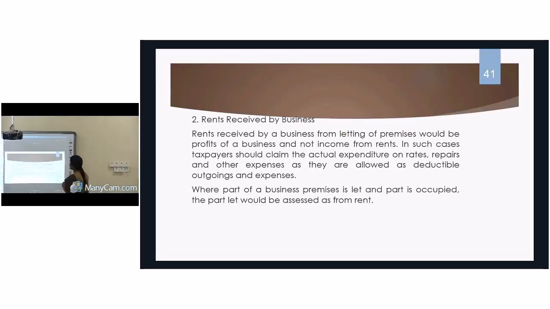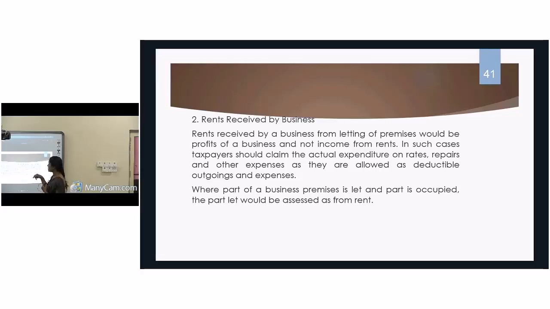The second one would be rent received by business. In this case, companies and business persons are letting out business premises for rent. The taxpayer should claim the actual expenditure on rates, repairs and other expenses, as they are allowed as deductible outgoings and expenses.